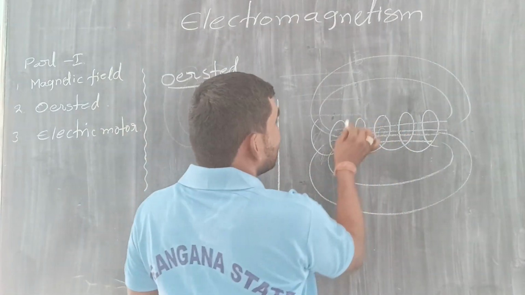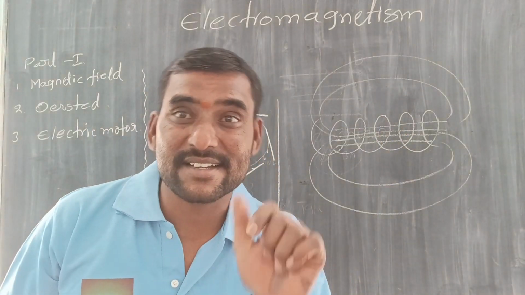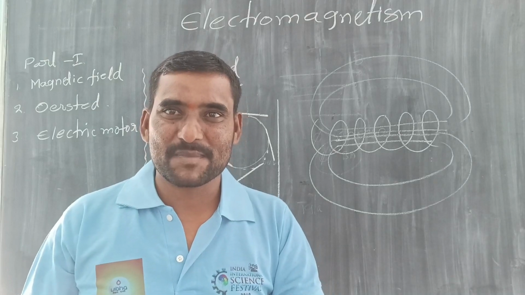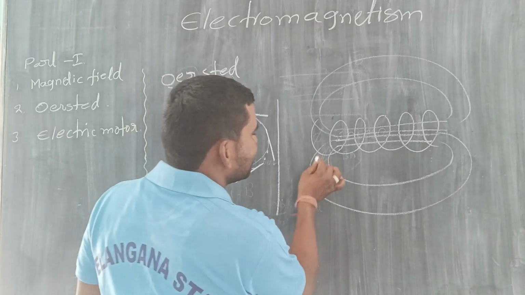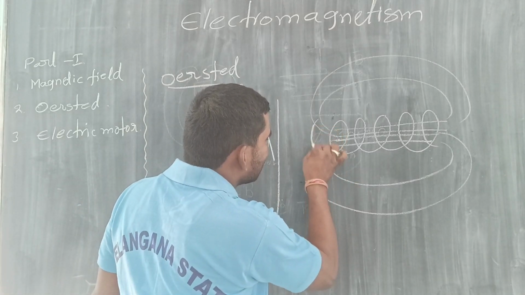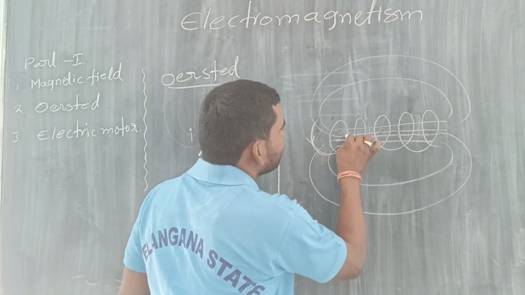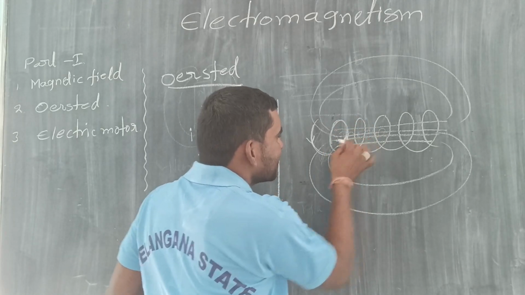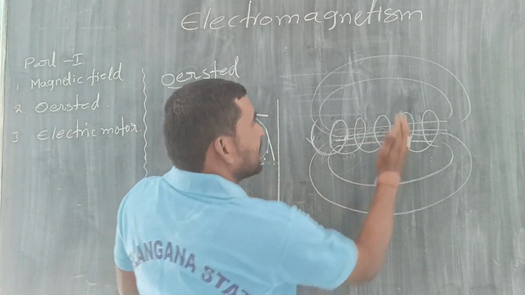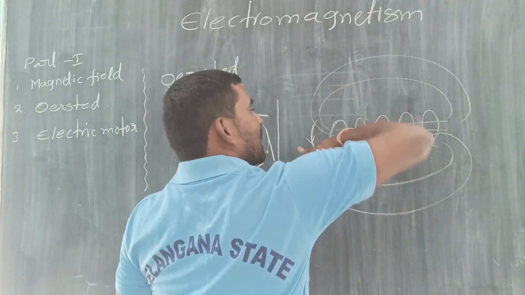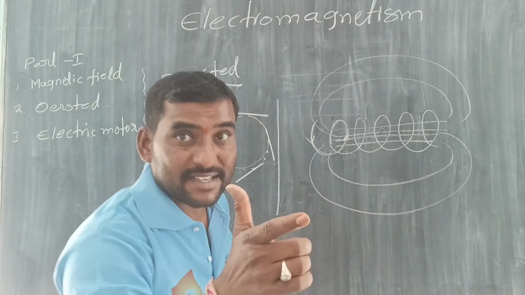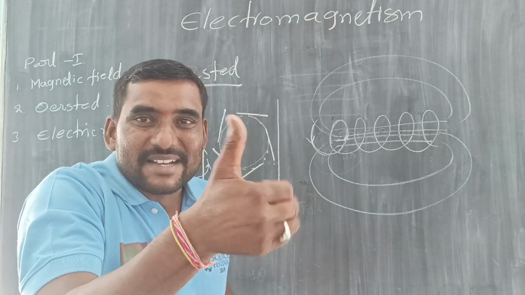These magnetic field lines also have the same direction, north to south. Where is north, where is south? This is very, very important. For example, here the current is going like this, anti-clockwise. When current is anti-clockwise, the magnetic field is outside.